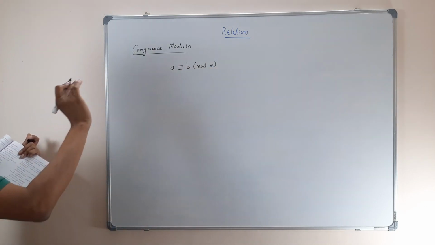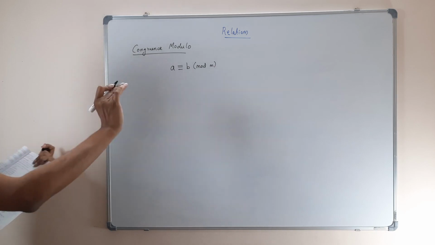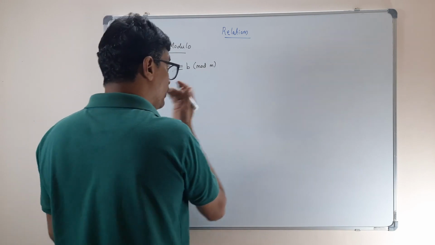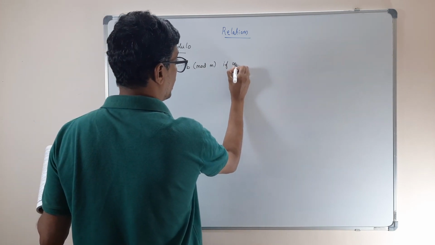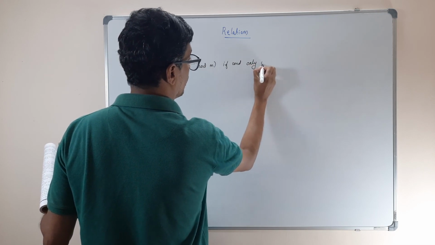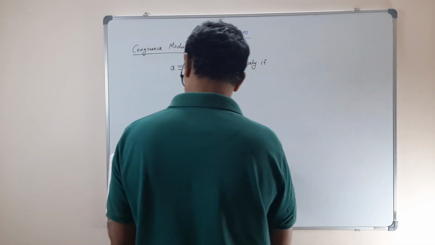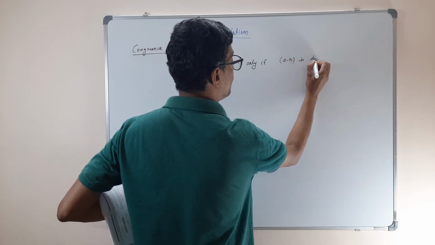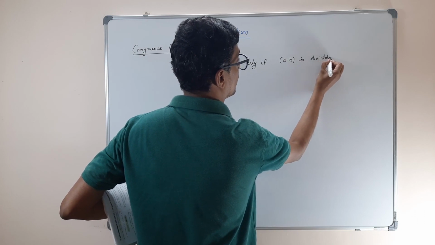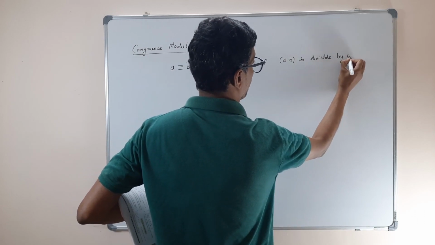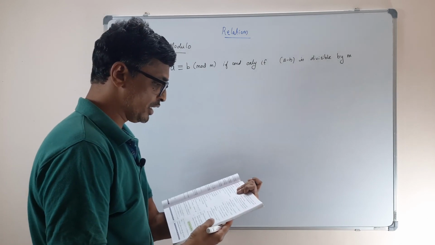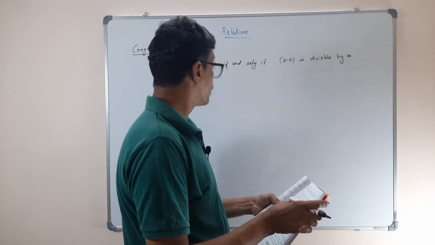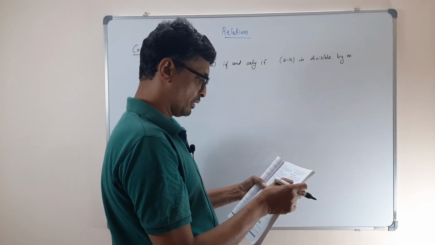The definition is a is congruent to b mod m if and only if a minus b is divisible by m. You got it? Let us say a is congruent to b modulo m. That's what you have to read.